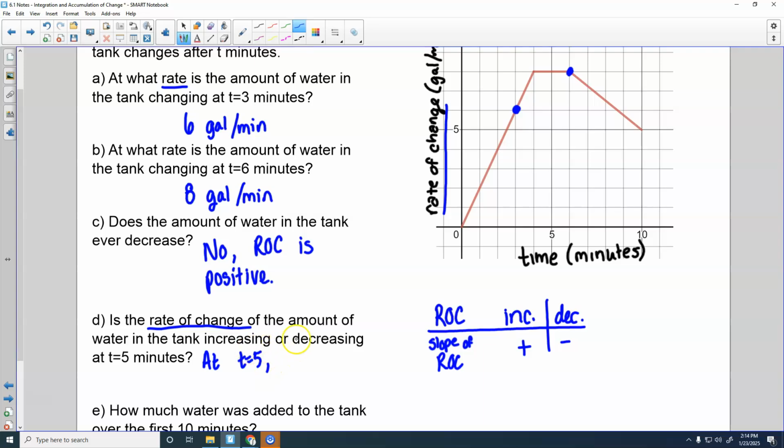So at t equals 0, the rate of change... It is not good to put ROC on quizzes, tests, or the AP exam, but I don't have a lot of room to write here. So at t equals 5, the rate of change has a slope of 0.